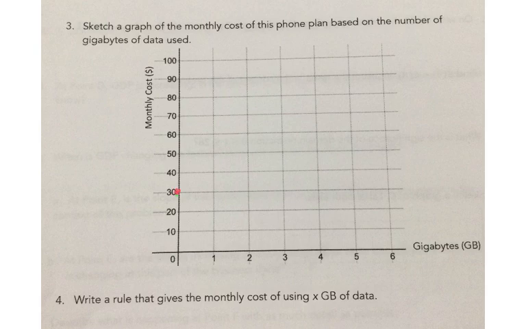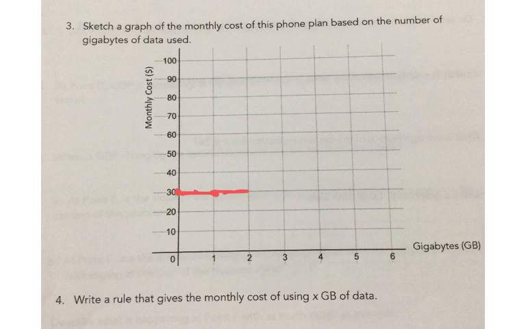What if I used 1 gig? How much did I pay? $30. What if I used half a gig? So it's 30. It's constant, right? It's going to be a horizontal line all the way up to the value of 2. And then what happens once I get to 2?